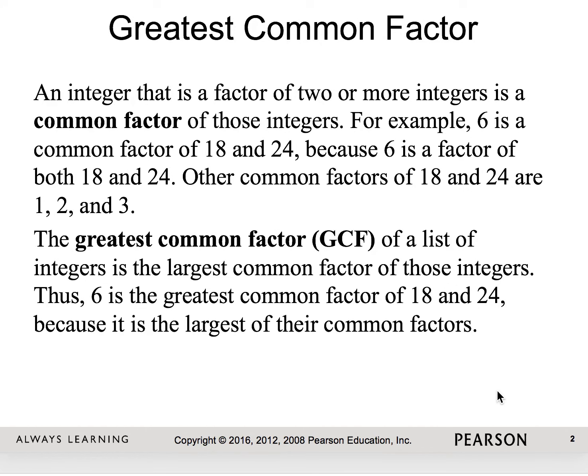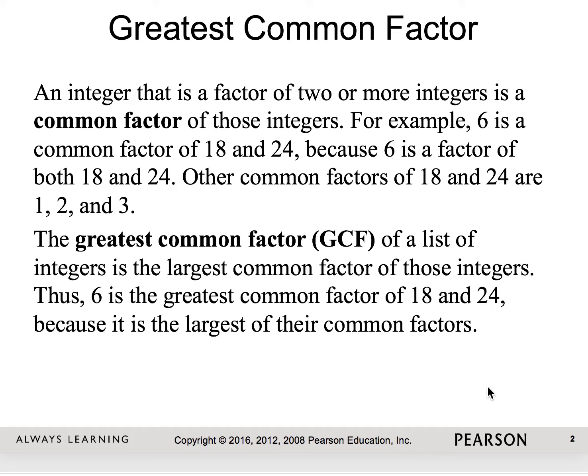Okay, so the greatest common factor. An integer that is a factor of 2 or more integers is a common factor. For example, 6 is a common factor of 18 and 24 because 6 is a factor of both 18 and 24. Other common factors of 18 and 24 are 1, 2, 3.